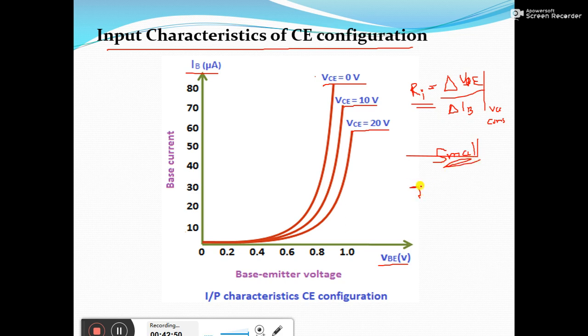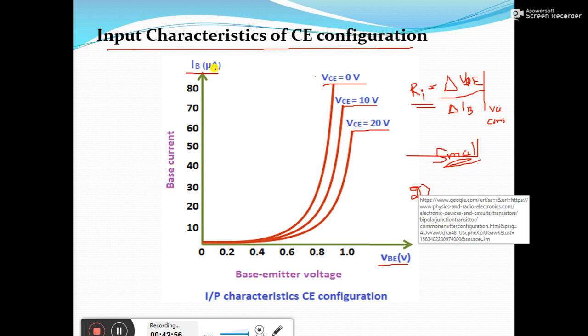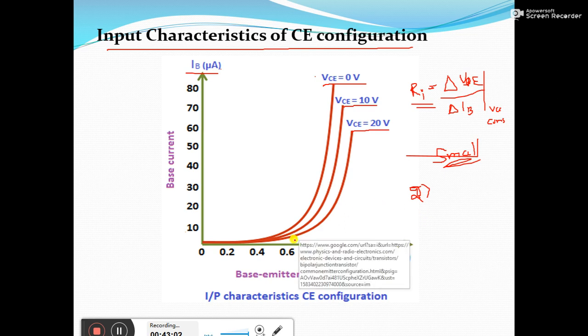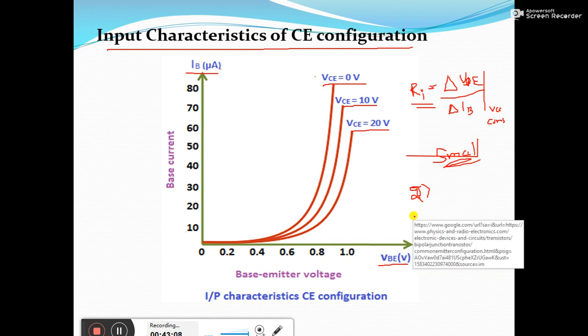Second point. Now we have to tell the relationship between the input current and the input voltage. Till the cut-in voltage is reached, the current will be very small.